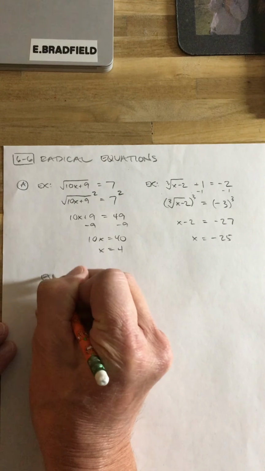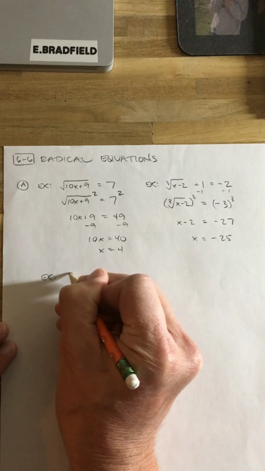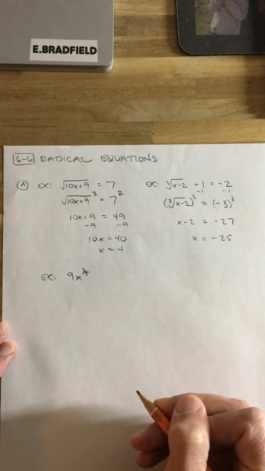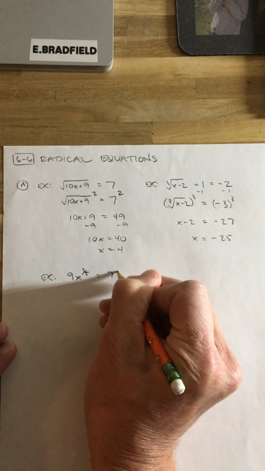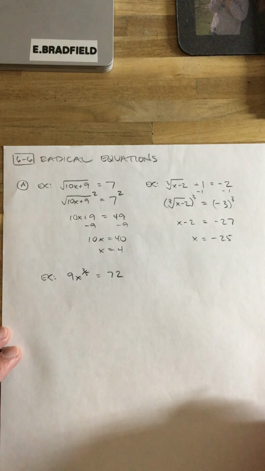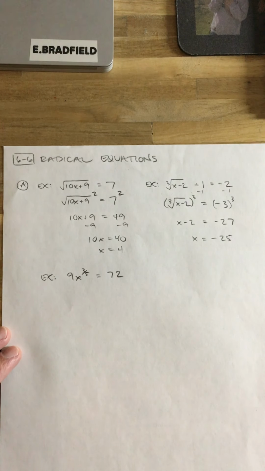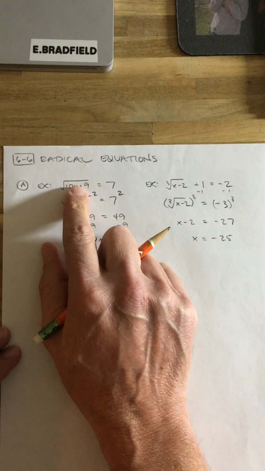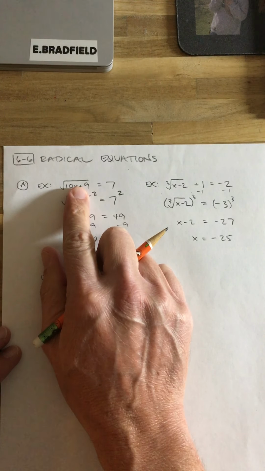Try this one. We have 9 times x to the 3/5 equals 72. Keep in mind, in the last one we had the radical on its own on one side of the equation.